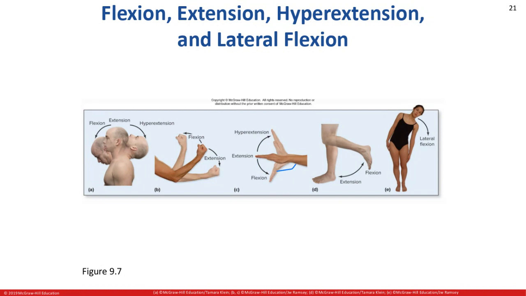And then when we go back to the neutral position from flexion, that's less than 180 degrees. Now, if you try to touch the back of your hand to your forearm, that's greater than 180 degrees. Kind of see that? You know, 180 degrees is that.